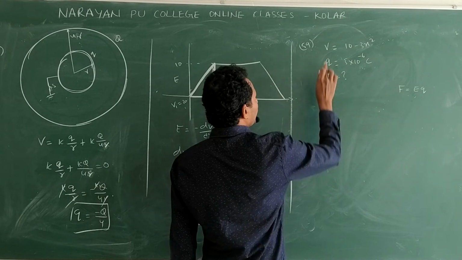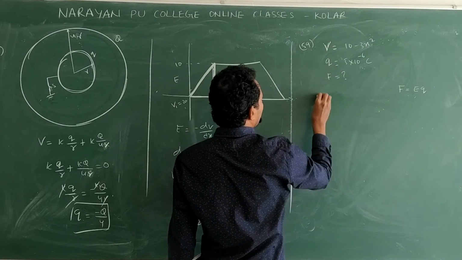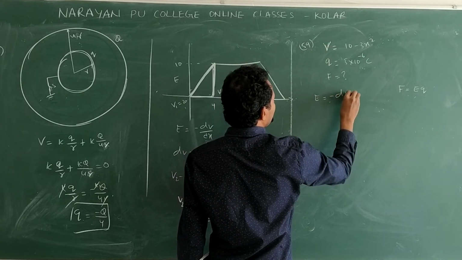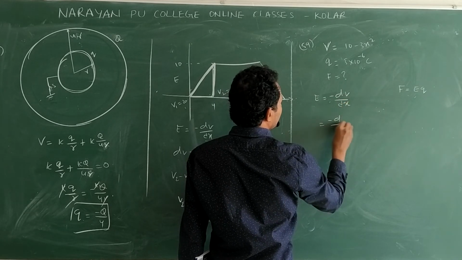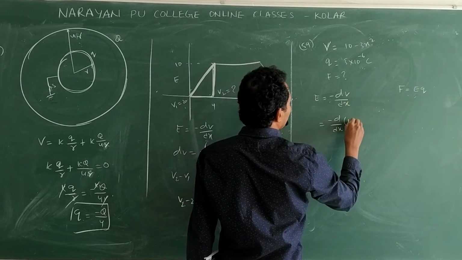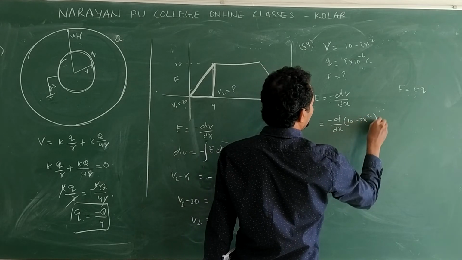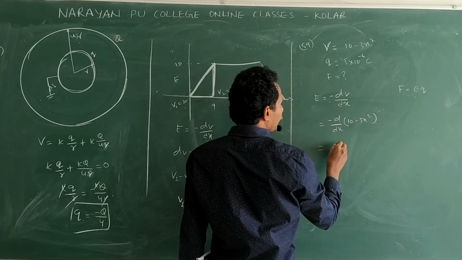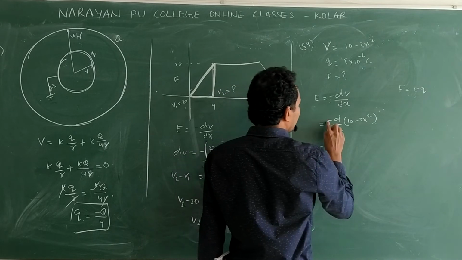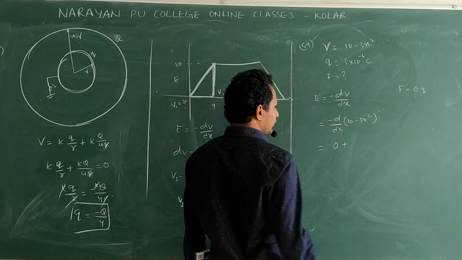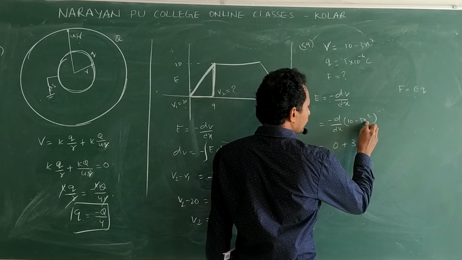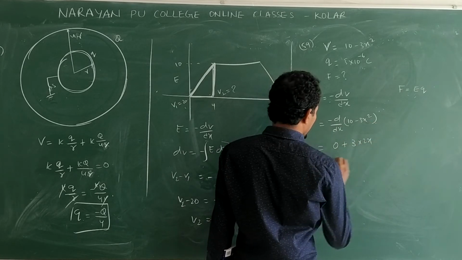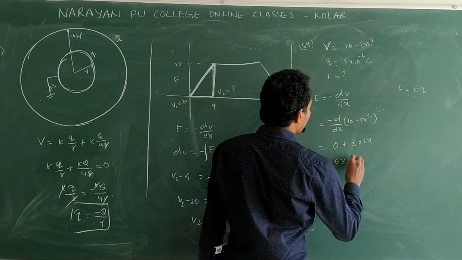What is the relation between potential and electric field? E is equal to minus dV by dx. So differentiate: minus d by dx of V, what is V? 10 minus 3x square. Differentiation of a constant is 0. Minus of minus is plus, and 3x square differentiated is 6x.